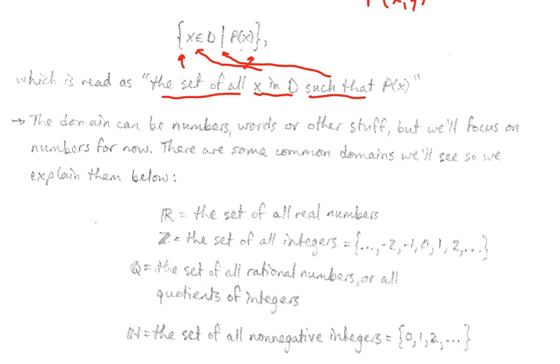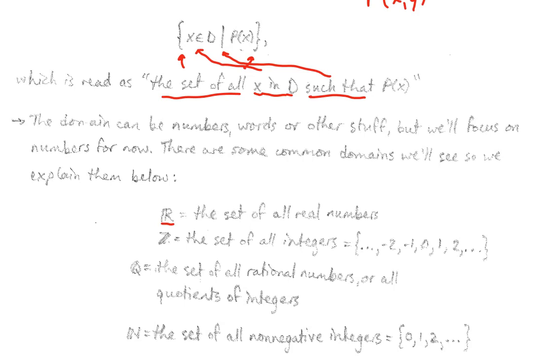We have the set of all real numbers, so that includes whole numbers, rational numbers or fractions, and then irrational numbers as well. And that is a fancy R. You can see that it looks like a regular R, except there's another vertical line going on at the end. A subset of the set of all real numbers is the set of all integers, aka the set of all whole numbers.